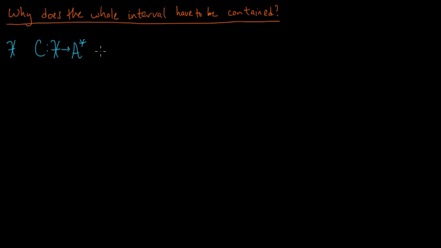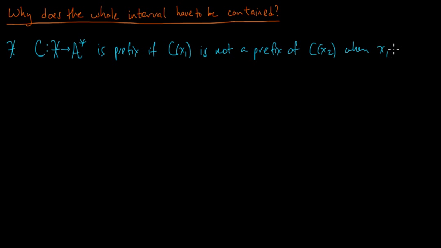And we said that such a map was a prefix code if no code word was a prefix of another. So we could say C of x1 is not a prefix of C of x2 when x1 is not equal to x2. That was the definition of a prefix code.